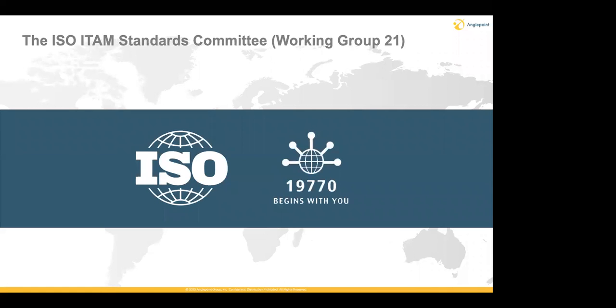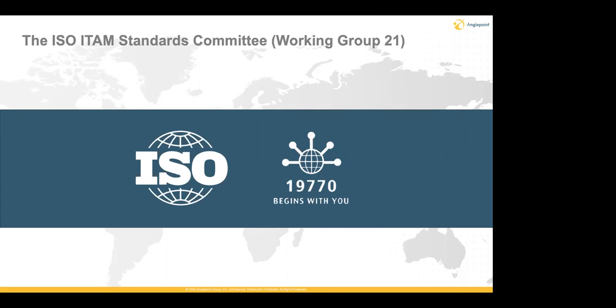The ITAM Standards Committee within ISO, also known as Working Group 21 or WG21 for short, was established around 2004 and now has over 175 members from over 25 countries. We also have several liaison organizations who participate in the work of the committee.